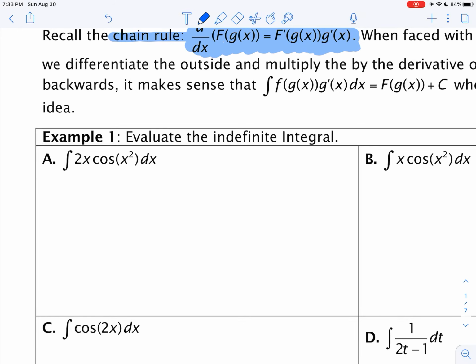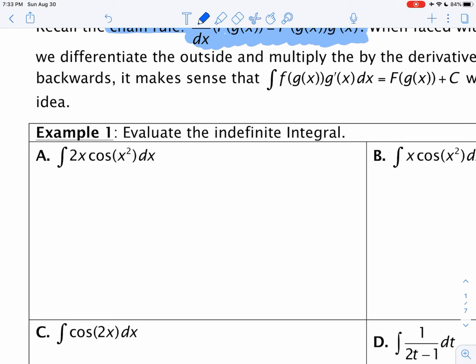So I see in this first example, what is my composition of functions? I see cosine of a function. So I'm going to go inside, and I'm going to let my u substitution be x squared. I'm then going to take my differential du, and I get 2x dx.